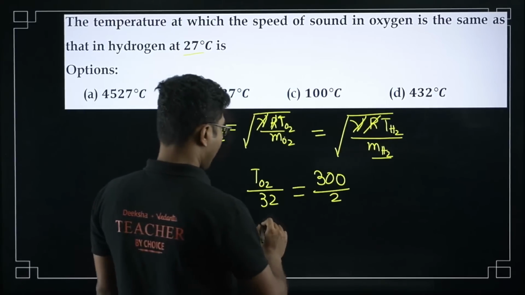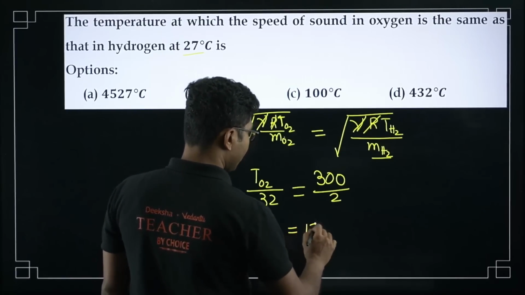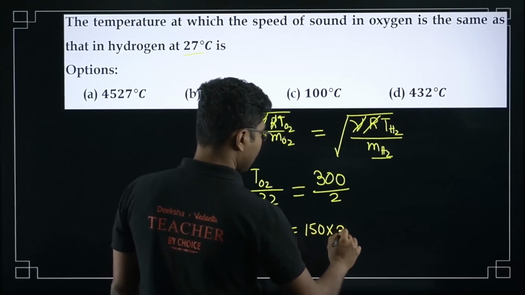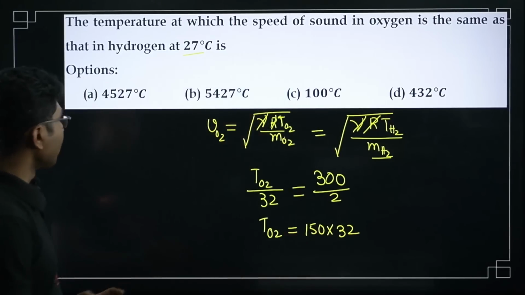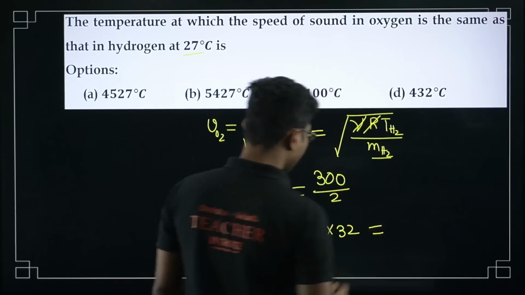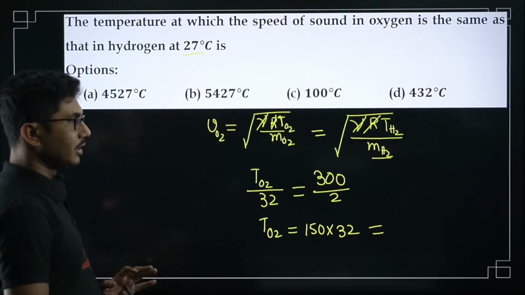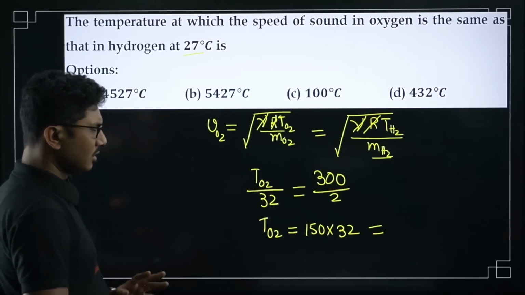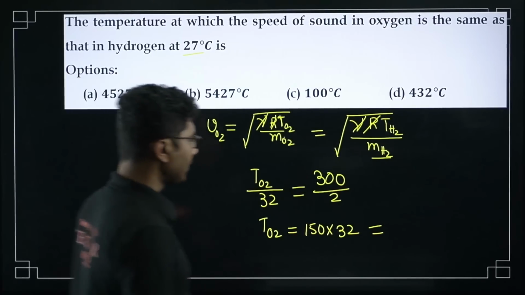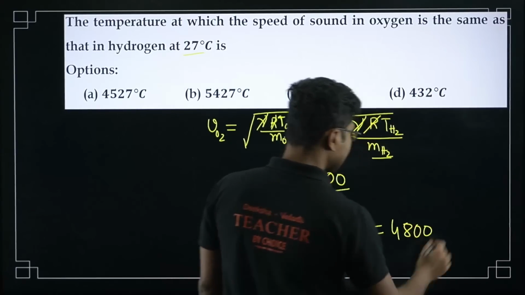So TO2 must be equal to 150 into 32, which is 4,500 plus 300, that is 4,800, and this is in Kelvin.